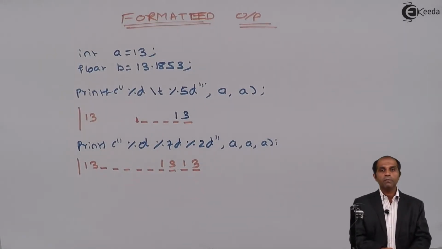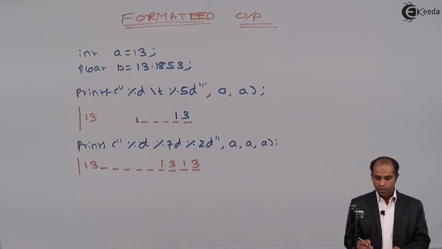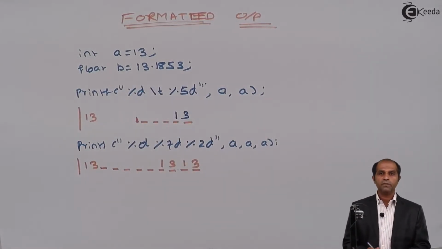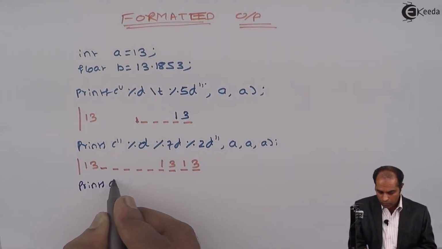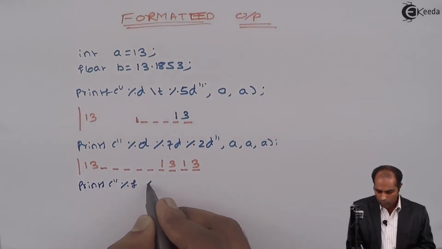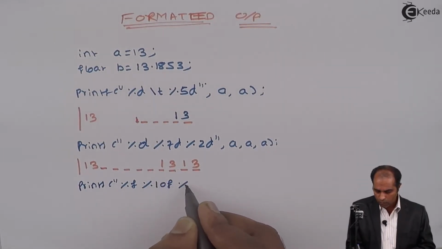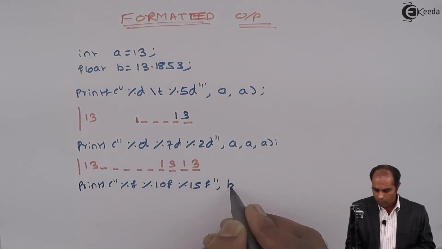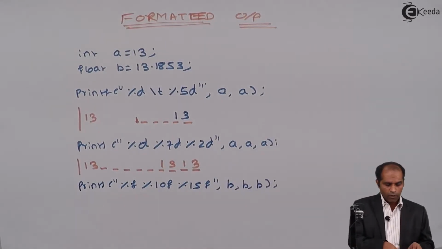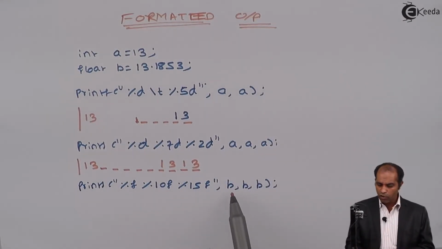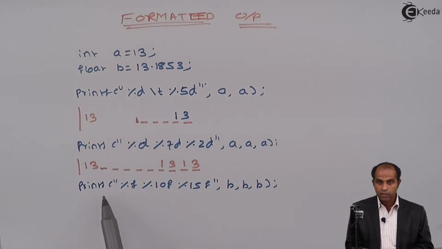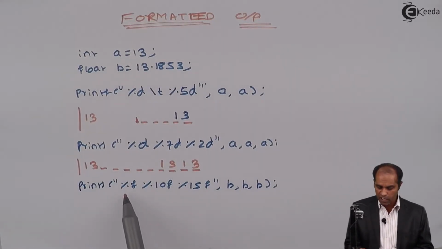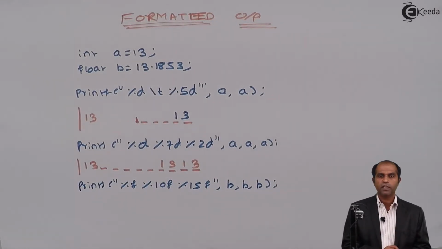Now let's try with some %f specifiers. Assume that I had displayed the value of b. Now I am trying to display the value of b on the output screen with 3 specifiers: %f, %10f, %15f.